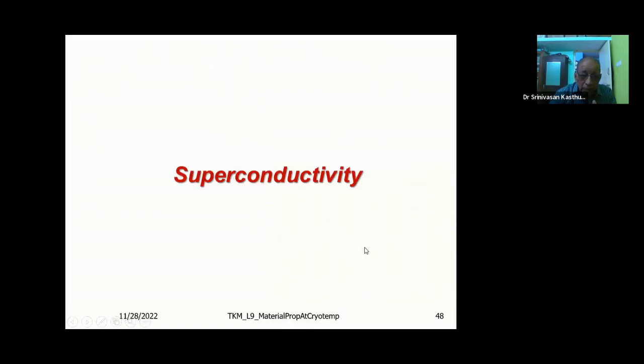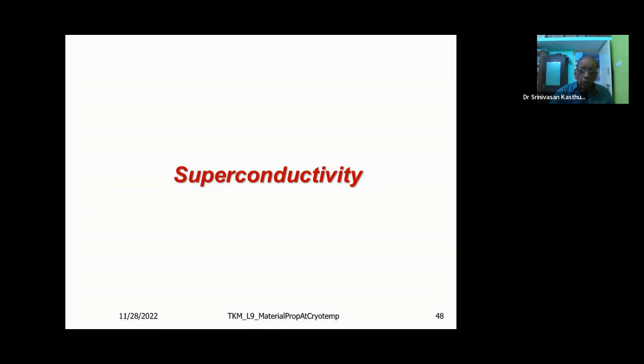Okay, now this leads us to a very interesting topic, which is called superconductivity. What is superconductivity? We are going to discuss this. If we are not able to complete whatever we are telling today, we'll discuss it once more in the next class.